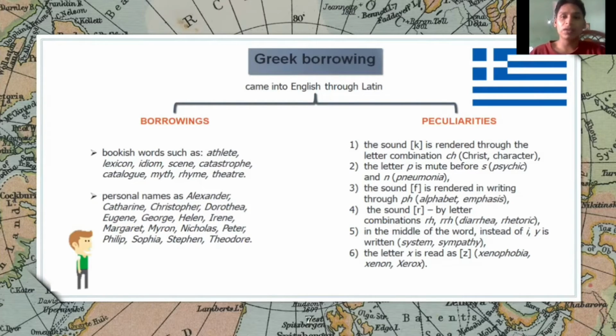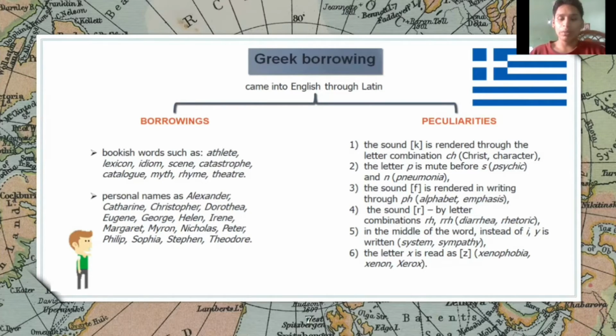Some peculiarities of the Greek borrowing are the sound k, which is rendered through the letter combination ch in Christmas and character. The letter p is mute before s and n. Some examples are psychic and pneumonia. The sound f is rendered in writing through ph, like alphabet and emphasis.